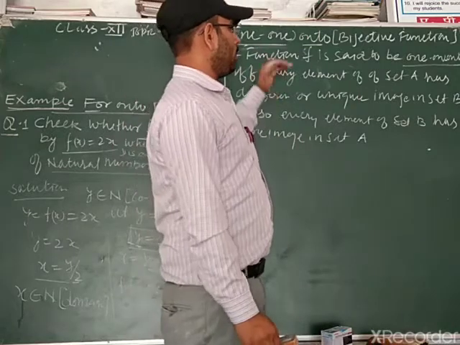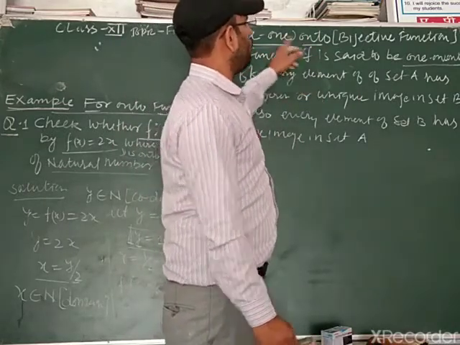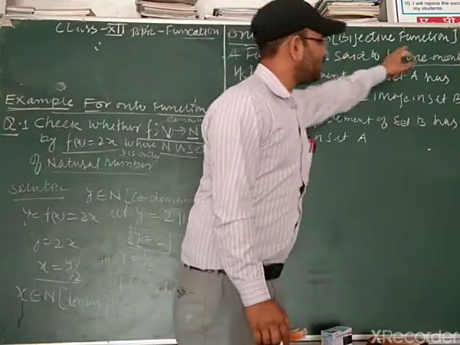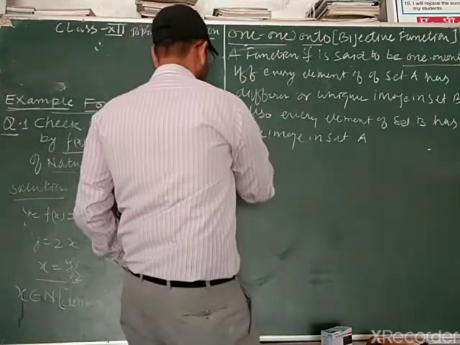Means it fulfills both conditions, one-one and onto. So this function is called a bijective function, also a one-one onto function. Clear? So we will take an example.